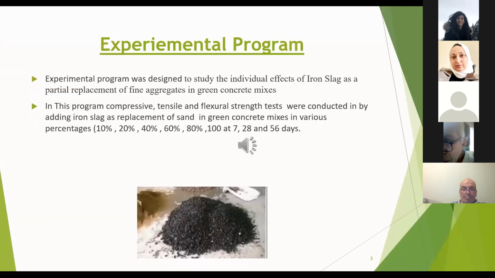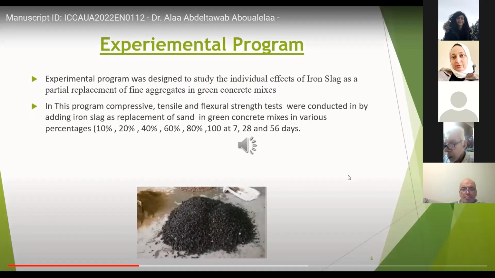Experimental program. The experimental program was designed to study the individual effects of iron slag as a partial replacement of fine aggregates in green concrete mixes.